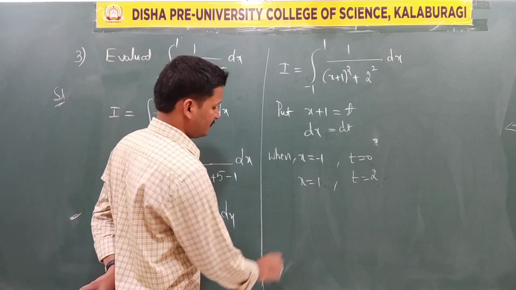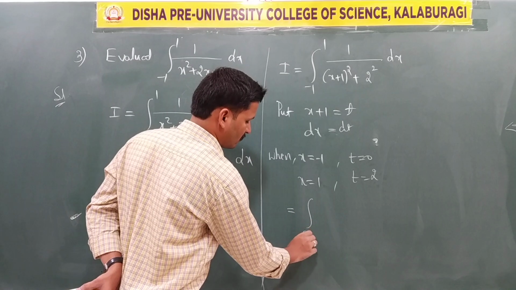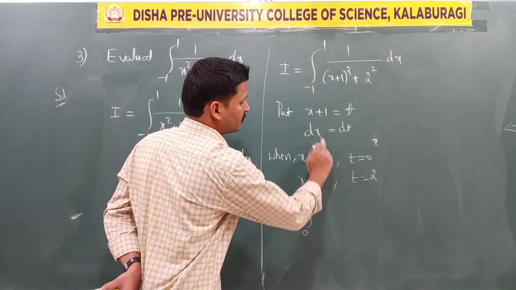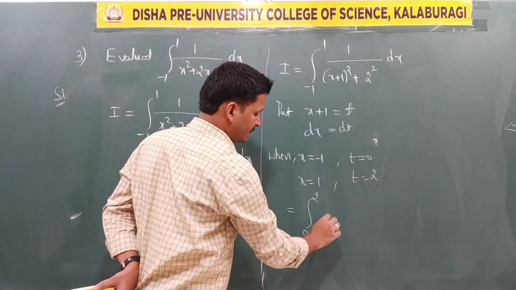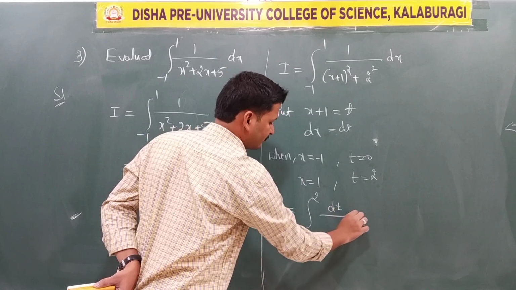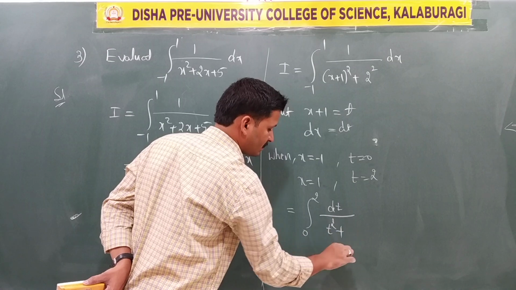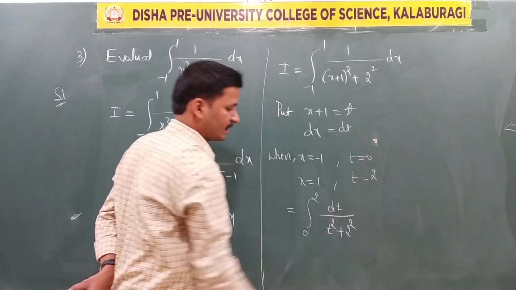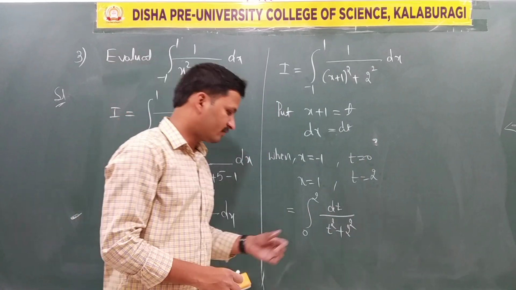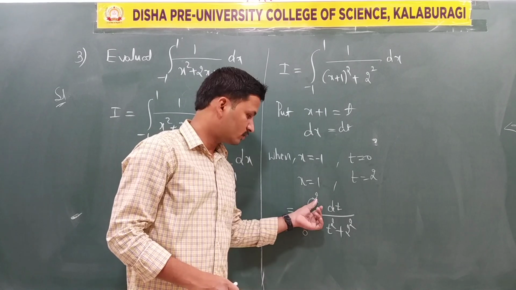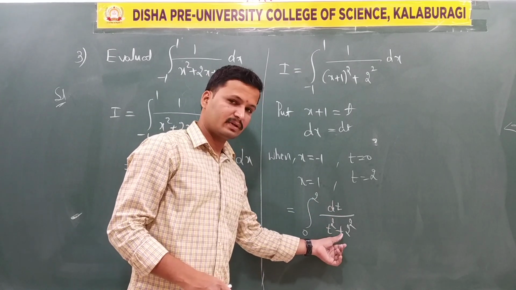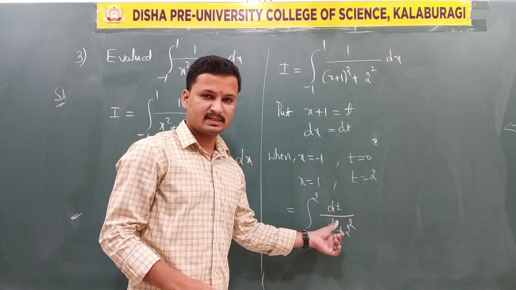So then definitely integral I from 0 to 2, here dx can be replaced by dt, divided by x plus 1 is t, so t square plus 2 square. Okay, now this is of the form integration from 0 to 2 of 1 divided by t square plus a square, that is 1 by x square plus a square.